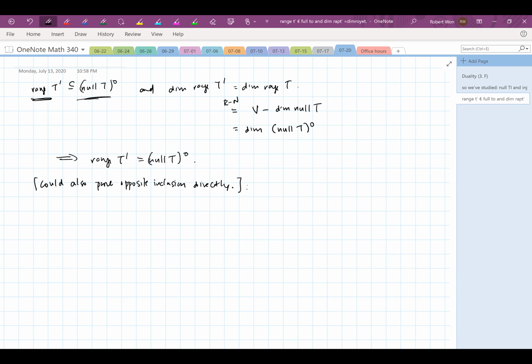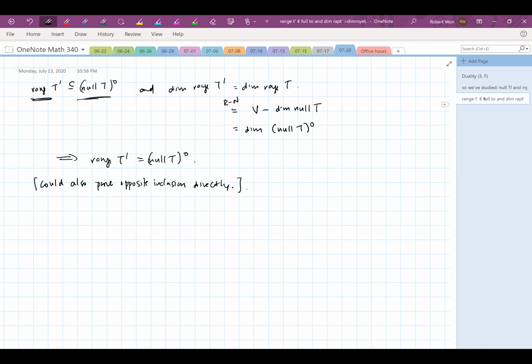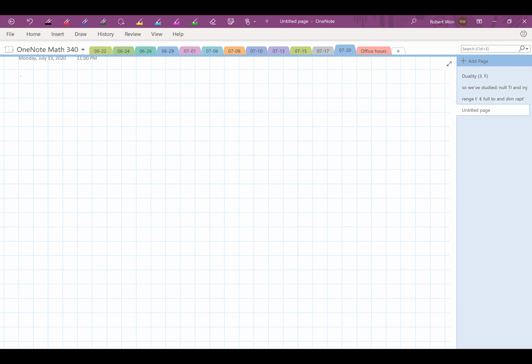So we understand now this theorem tells us what the range of the dual map is. The last piece then should be, well, what about the surjectivity of the dual map? And there's, again, a nice proposition. Let's just start a new page. The following.